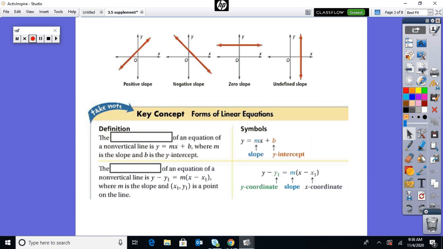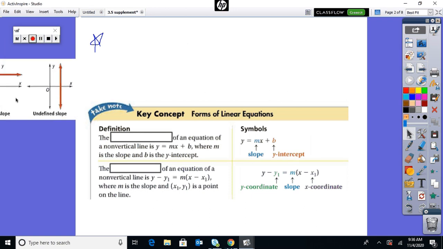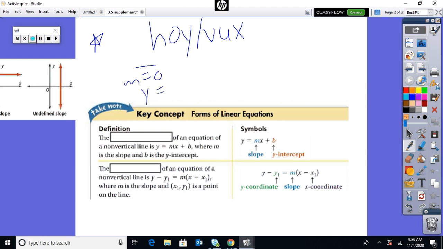Here we have just a little friendly reminder of the positive, negative, 0, and undefined slopes. And let's talk about HOY-VUX real quick. HOY-VUX was an acronym that your algebra teacher probably used to help you remember that horizontal lines have a slope of 0 and the equation is y equals whatever.